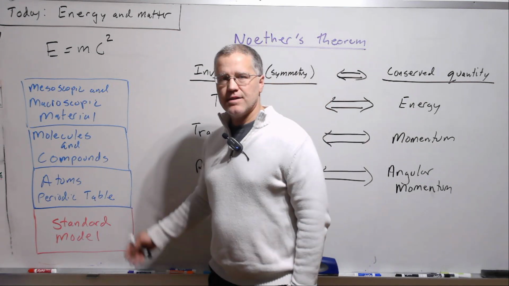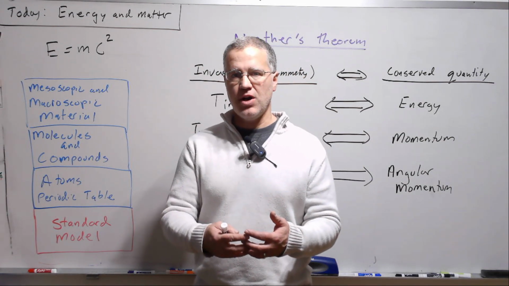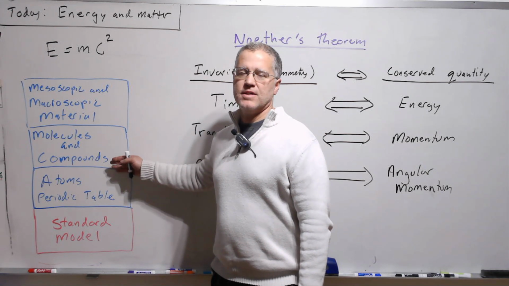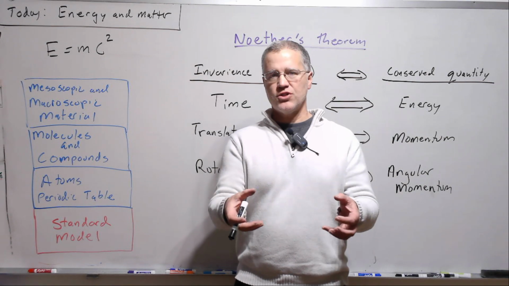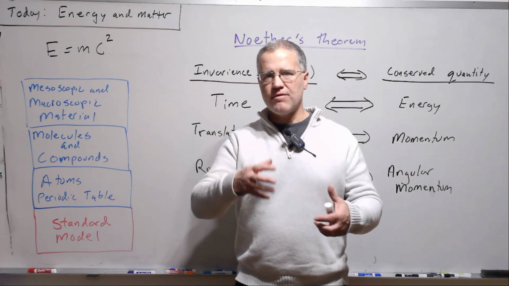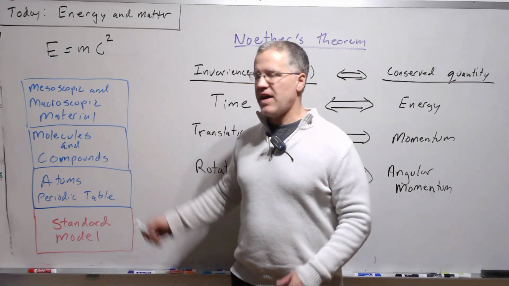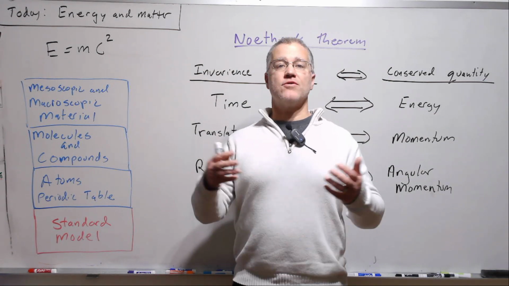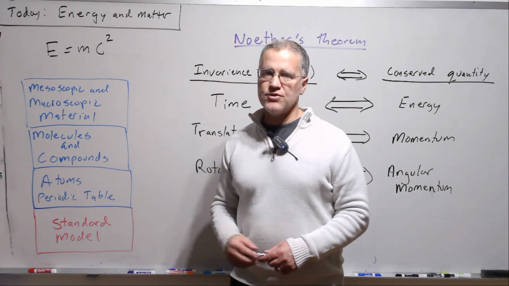Atoms then can come together in a whole variety of ways through chemical bonding to form molecules and compounds. The molecules and compounds then form the basis for building up larger structures. Mesoscopic, so several to tens of thousands to hundreds of thousands of atoms and molecules, to the bulk matter we see around us with Avogadro's number of atoms and molecules and compounds.